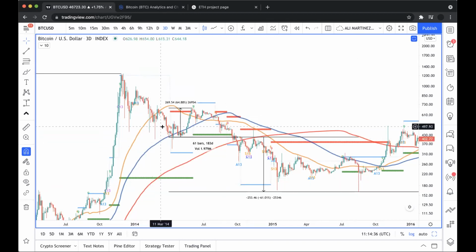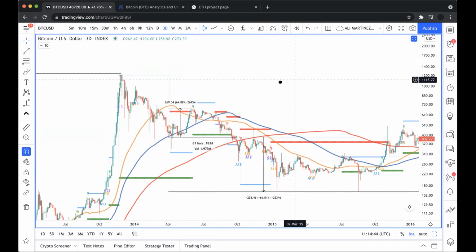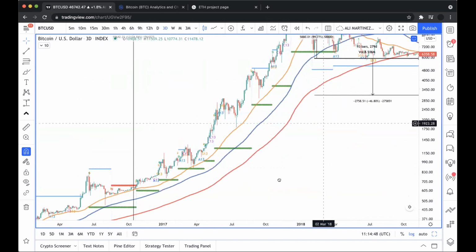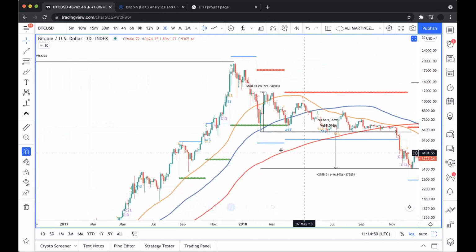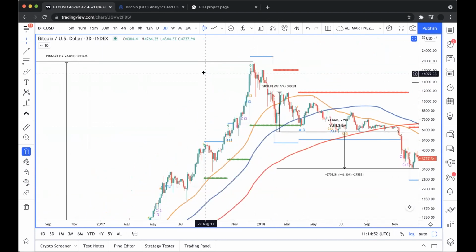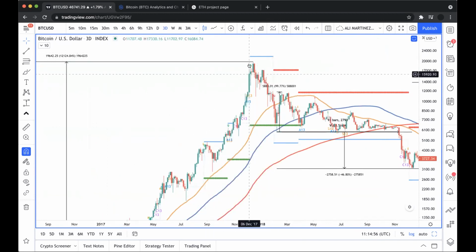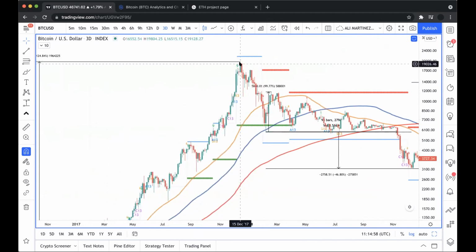So basically the touch of the 103-day moving average is quite important by the end of every single bull cycle, right? Just like we saw in 2014, a similar pattern happened in 2018, right? After a 12,124% bull run, Bitcoin tops around $20,000, right?